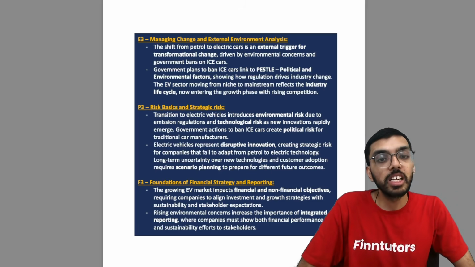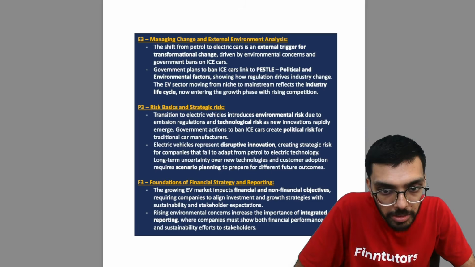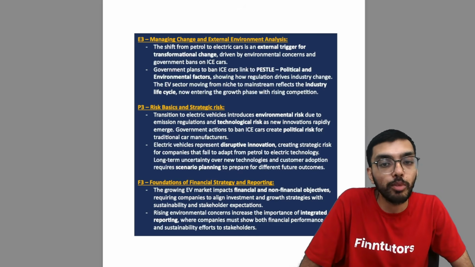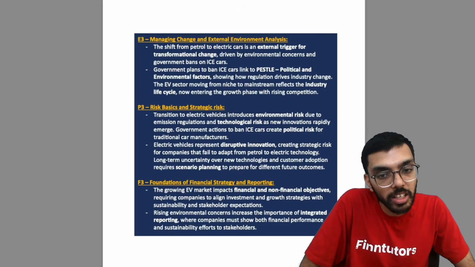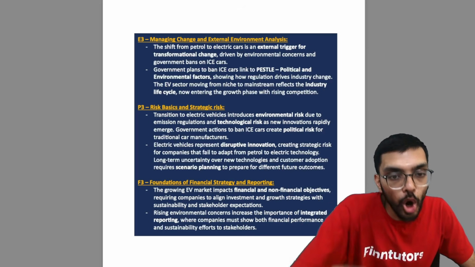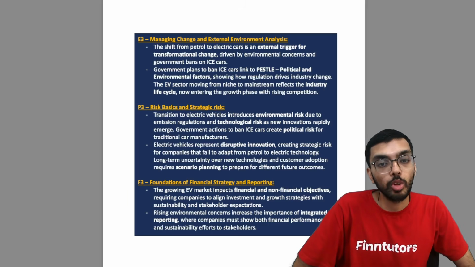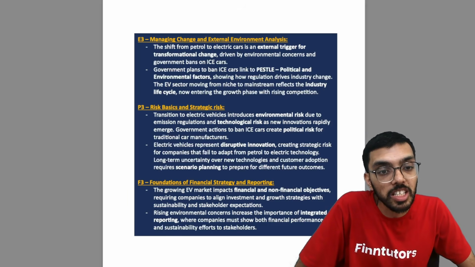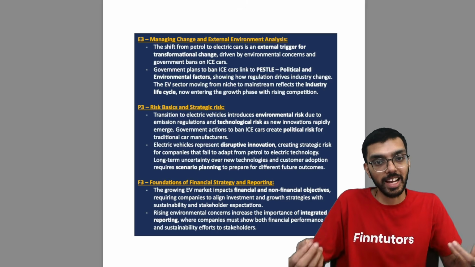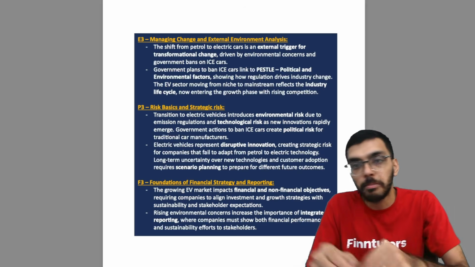Now electric vehicles represent disruptive innovation, creating a strategic risk for companies that fail to adapt from petrol to electric technology. For your company, long-term uncertainty over new technologies and customer adoption requires scenario planning. Now for your company as well, like I said, tomorrow government can ban something new.